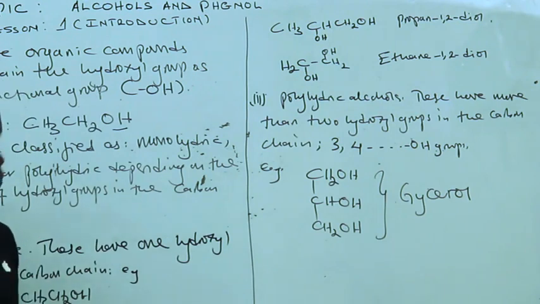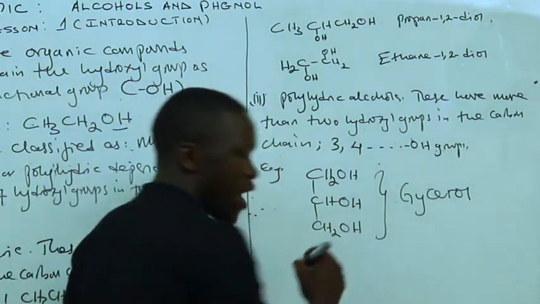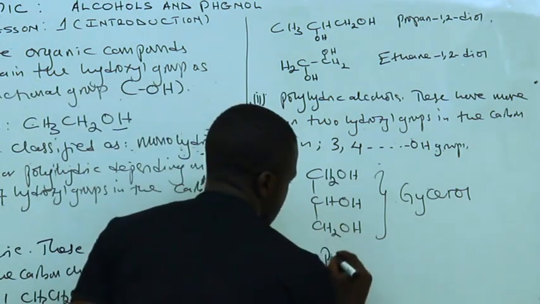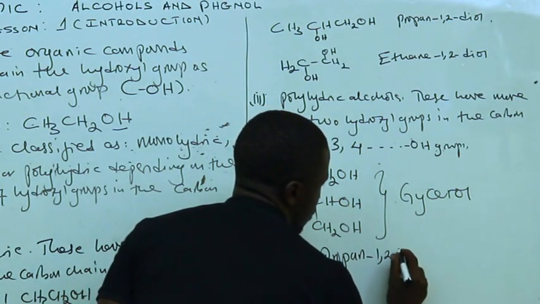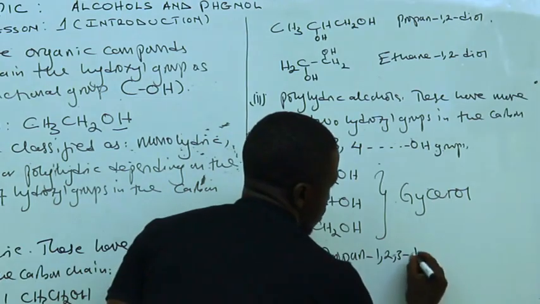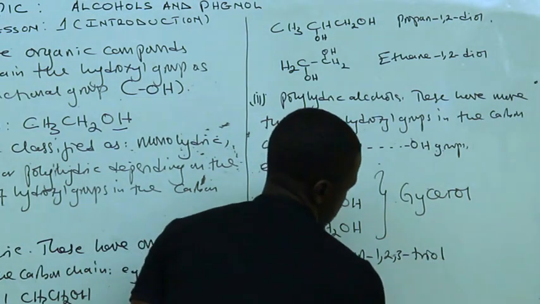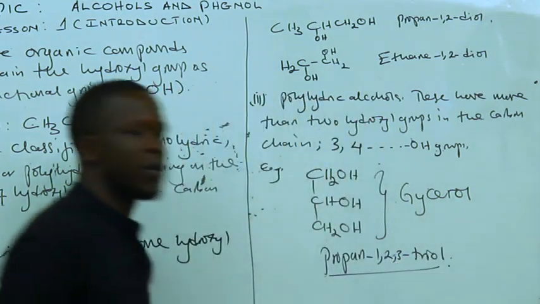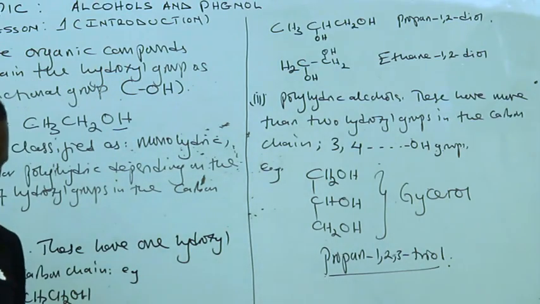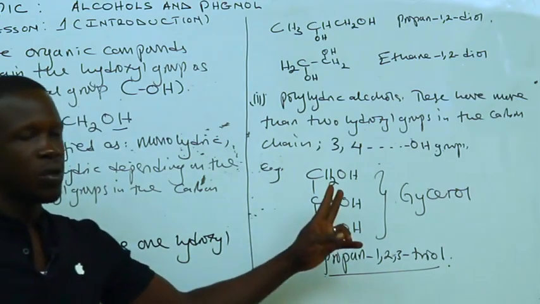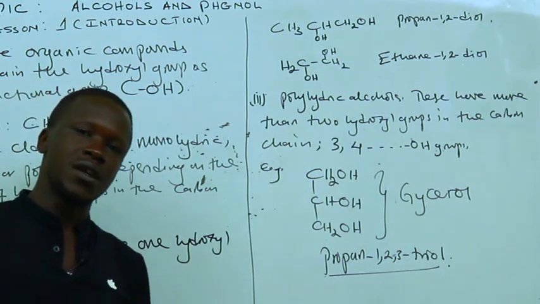Very common alcohol, especially a residue in the manufacture of soap. And the IUPAC name for this is propan 1,2,3 triol. This is an example of a polyhydric alcohol because it has more than two hydroxyl groups within the carbon chain.